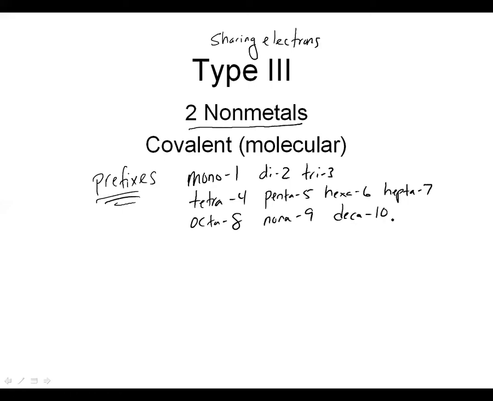So these are the prefixes that we typically use, and there are a couple of rules that we follow. The first one is we do not use mono on the first name, but you can use it on the second.